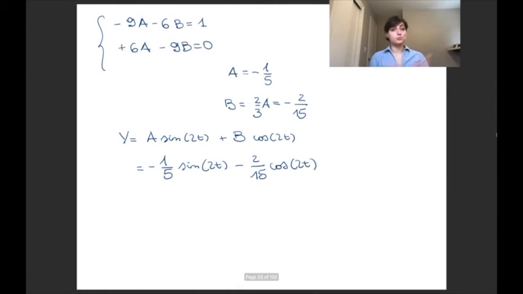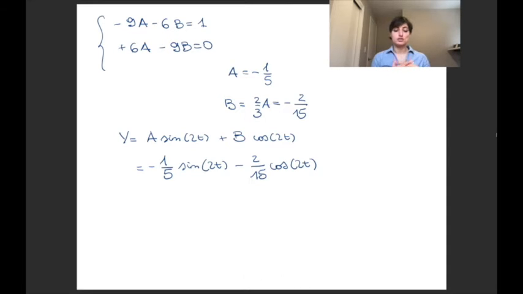So now we have two equations in A and B, and we can solve for them. So we have A equal to minus 1/5, B equal to minus 2/15. So the particular solution of our non-homogeneous ODE is minus 1/5 sine 2t minus 2/15 cos of 2t.